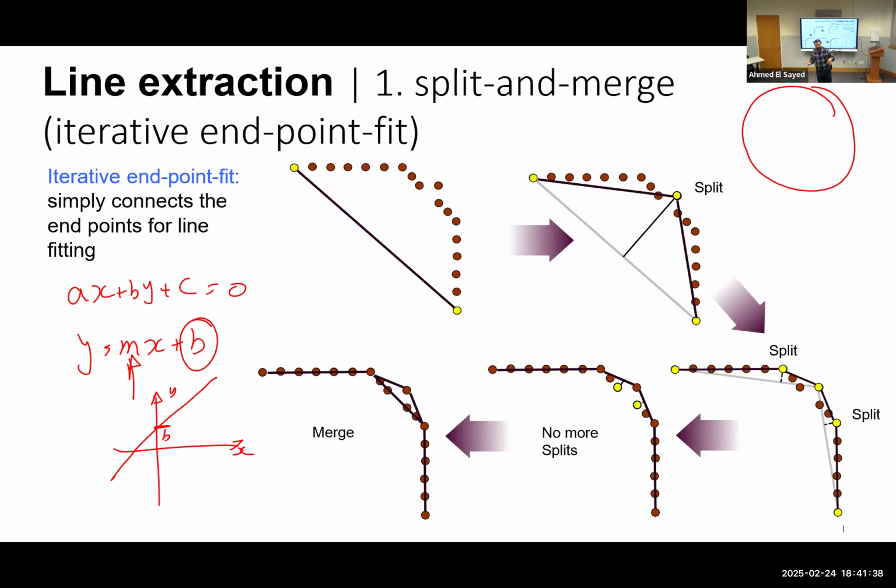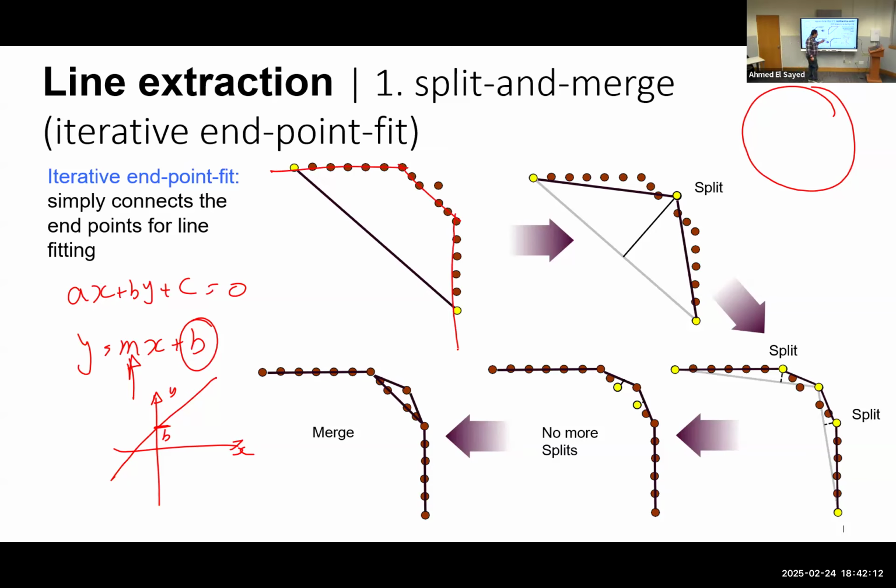Three? Four? Five? Actually, here we have three lines: the first, second, and third. How about this one? This is noise, a point that has deviated from the correct direction due to noise while capturing the image.